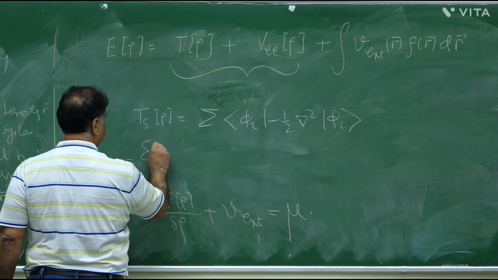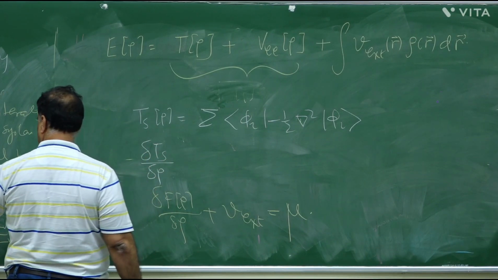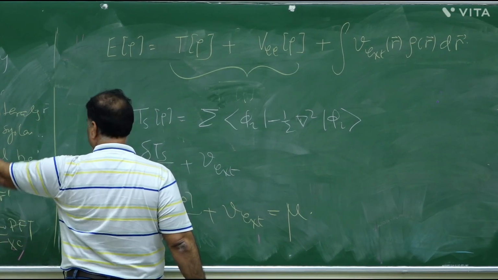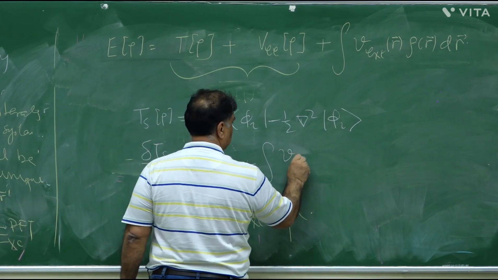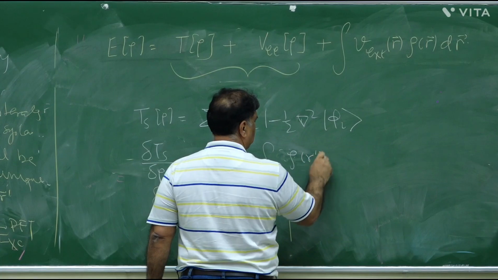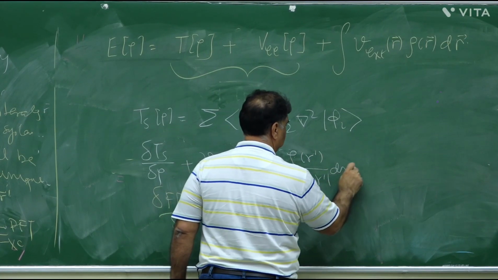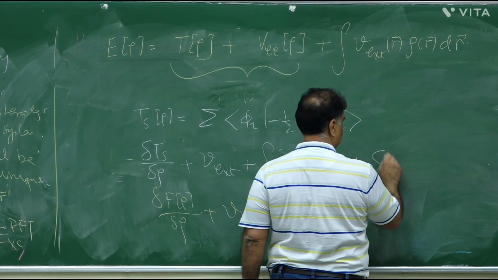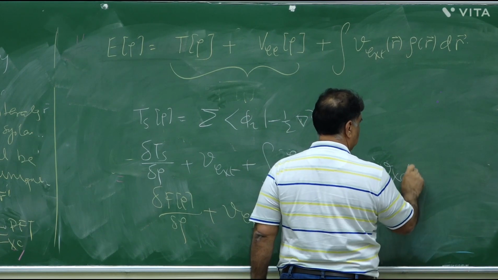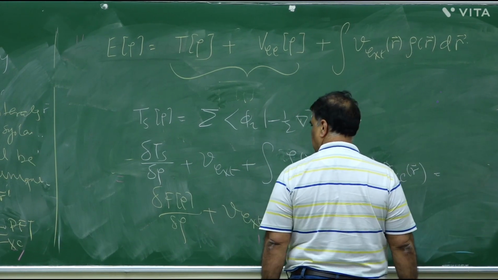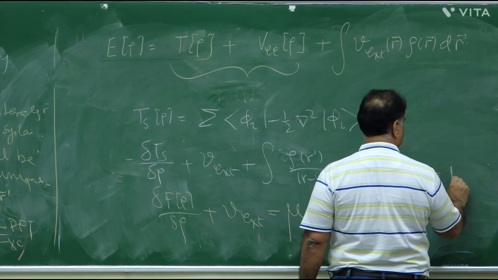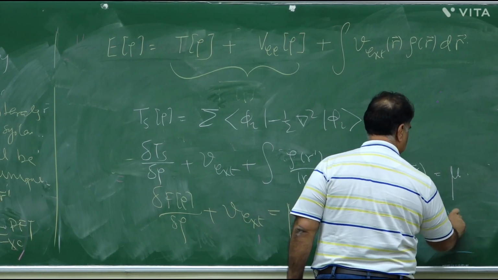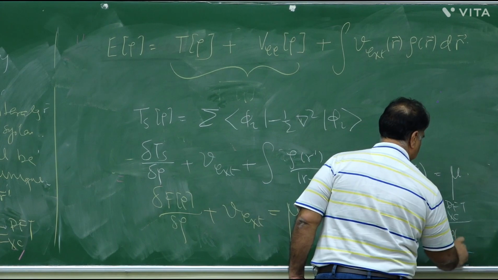Then my equation is going to be delta T_s over delta rho plus the external potential plus the potential due to this, which by using that rule you can find is the integral of rho(r prime) over |r minus r prime| dr prime, plus the functional derivative of this E_xc^DFT, which I'm going to call some V_xc(r), is equal to mu, where V_xc(r) is delta E_xc^DFT over delta rho(r).